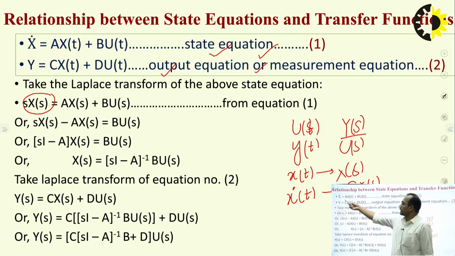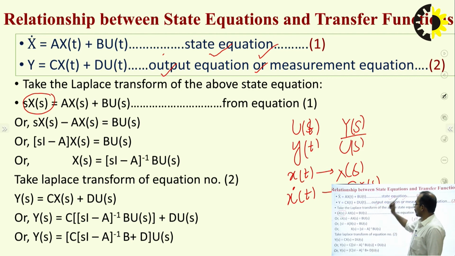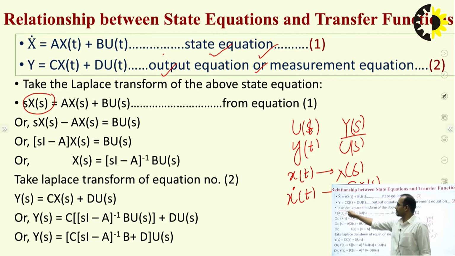Now I am taking the Laplace transform of equation 1. The Laplace transform of x dot is sX(s), the Laplace transform of Ax(t) is AX(s), and the Laplace transform of Bu(t) is BU(s). So we will get sX(s) equal to AX(s) plus BU(s).